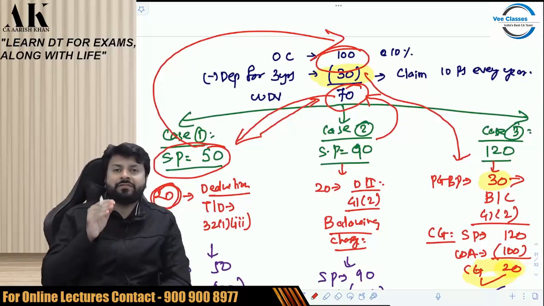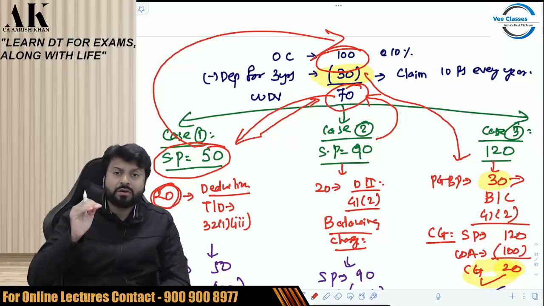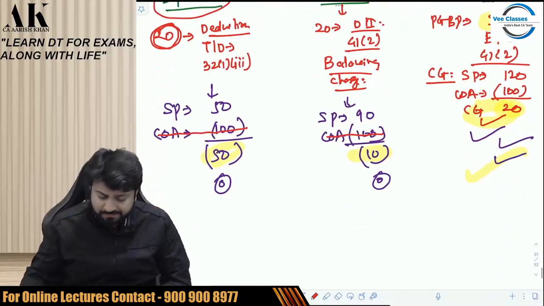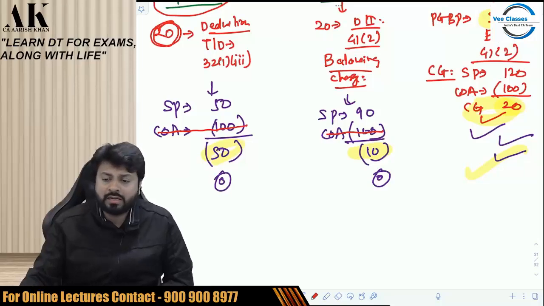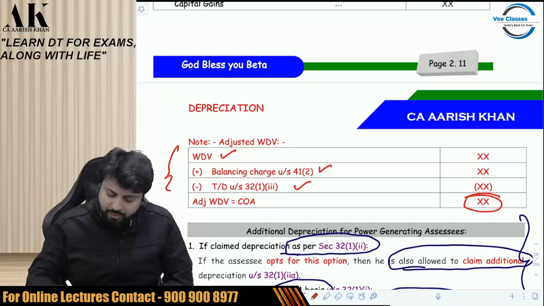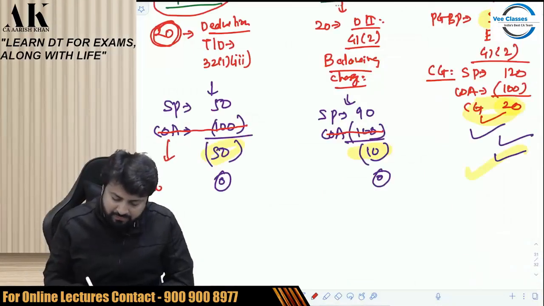Already you are claiming the difference between 50 and 70 as terminal depreciation, so what sense does it make to compute again the loss between 50 and 100 as capital loss? The government has said don't take 100 rupees as your cost. Take this formula as your cost: WDV plus balancing charge, if any, minus terminal depreciation.